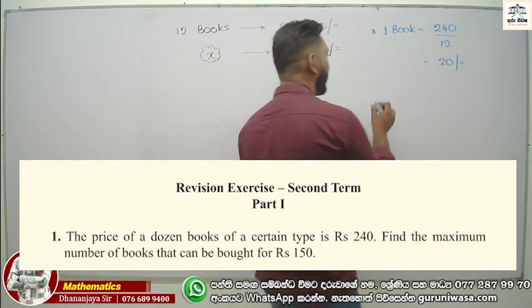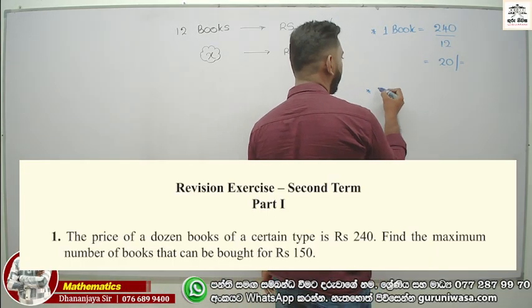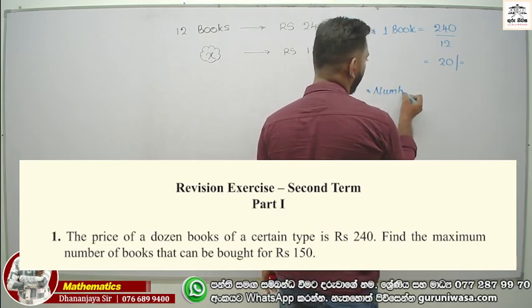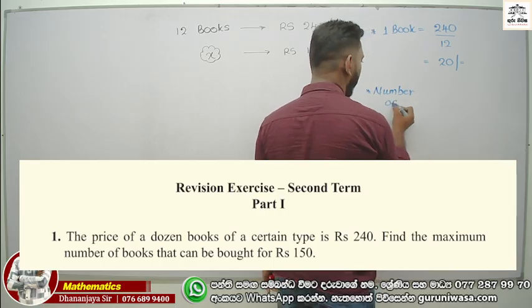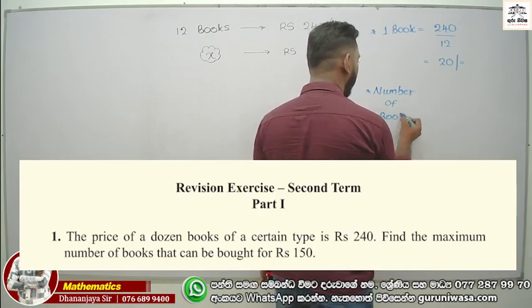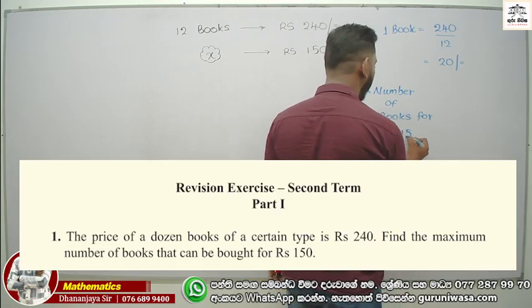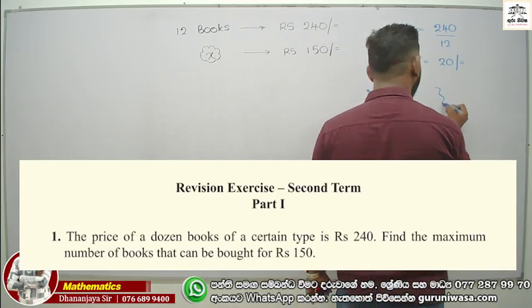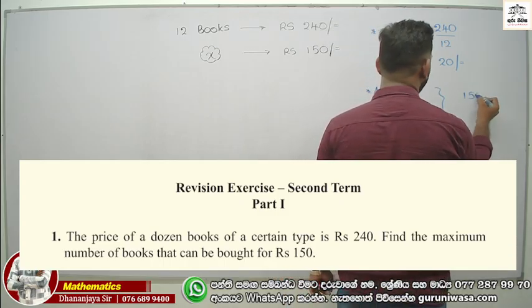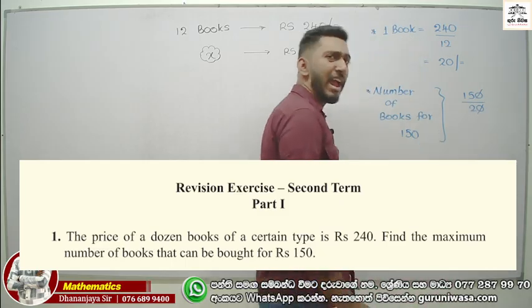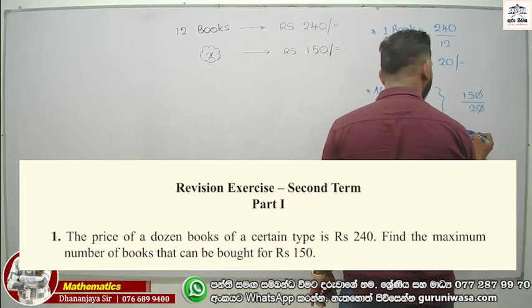Now, the number of books for 150 rupees: you need to divide 150 by 20, and the 0s you can cut, and 15 divided by 2 is 7.5.